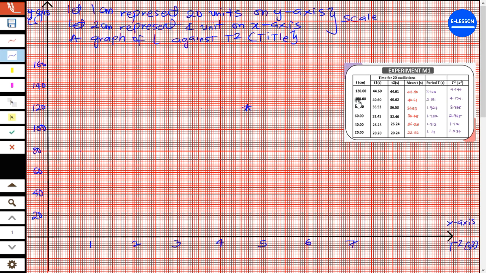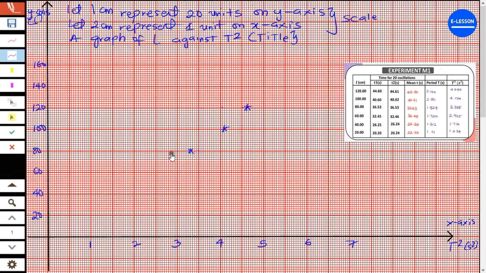Okay? Now the next one is 100. The 100 is what? 100 is 4.12. So I pick 100. Of course, you know this is 4, so 4.1 will be somewhere around there. So I tick here as 4.1. Are you getting it? Then we pick 80. 80 is 3.38. So we take 80 and then we take 3.38. This is 3.5. 3.38 should be somewhere around here, right? So we take here as 3.38.